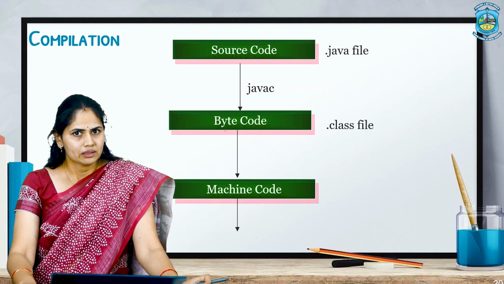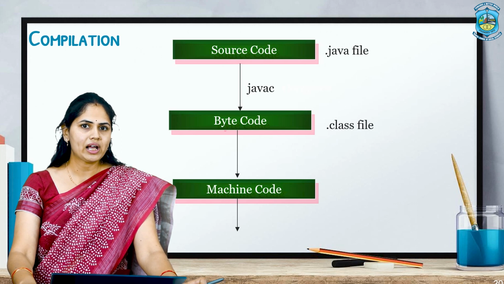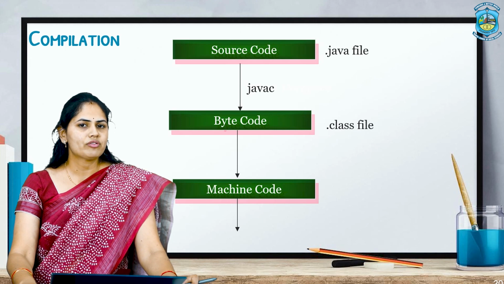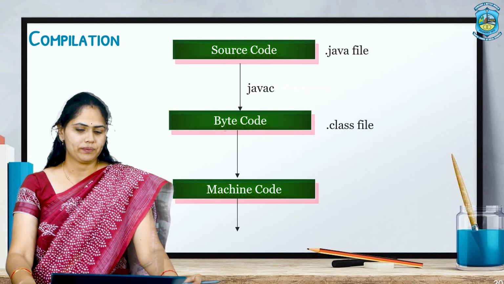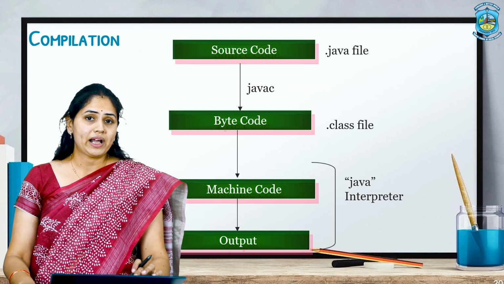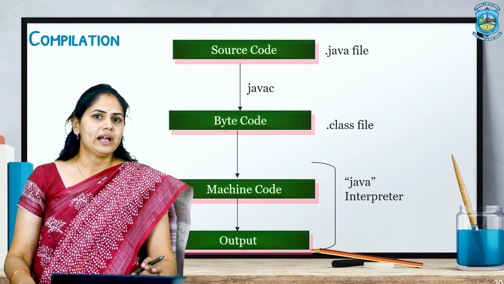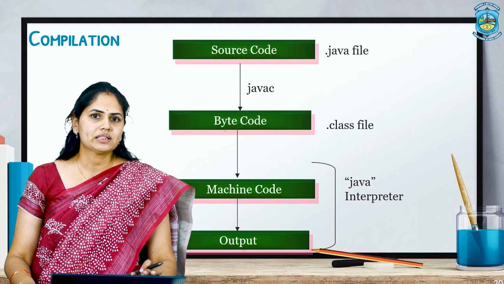This bytecode is also called a .class file. This is a system generated file. This file is generated by the Java compiler. Then the .class file will be taken by the Java interpreter, and the Java interpreter interprets this bytecode and gives us the output.